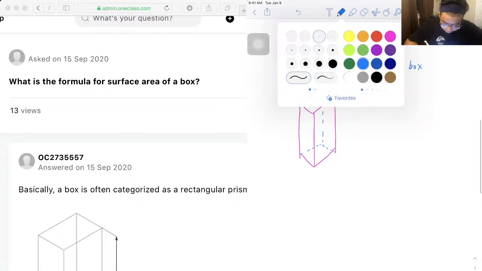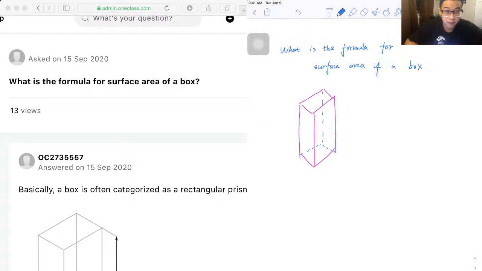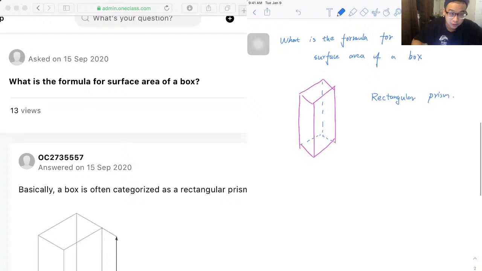And usually a box is often categorized as a rectangular prism. All right. So as it's a rectangular prism, we have our 3 dimensions, which are width, length, and height.